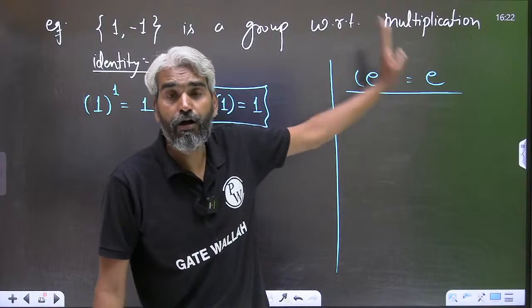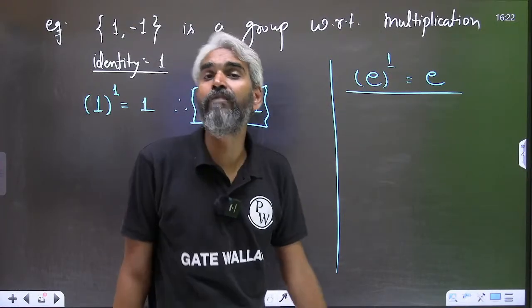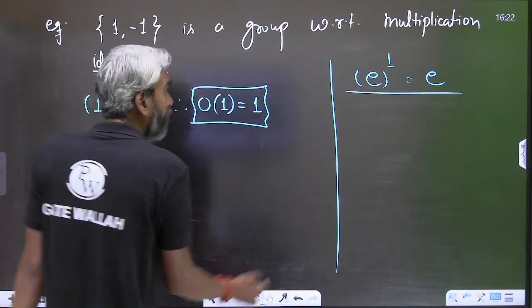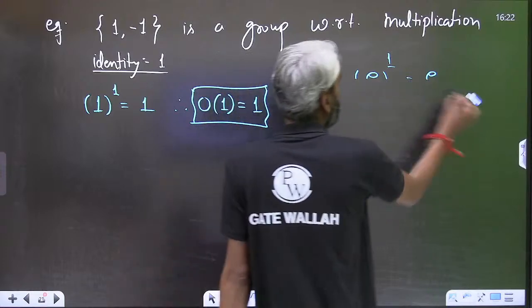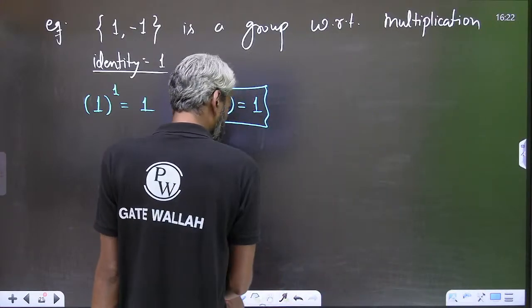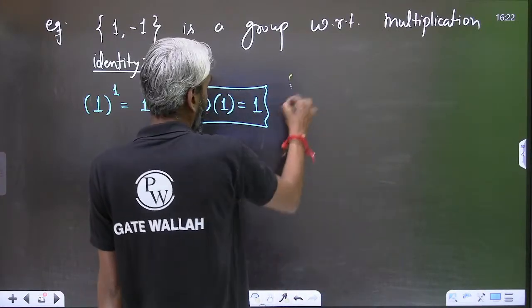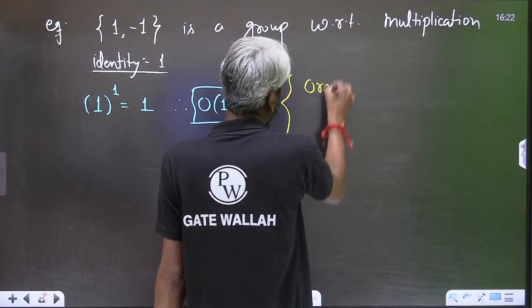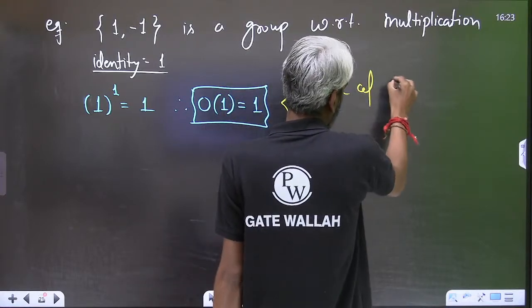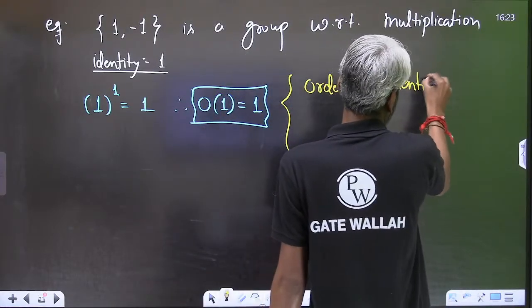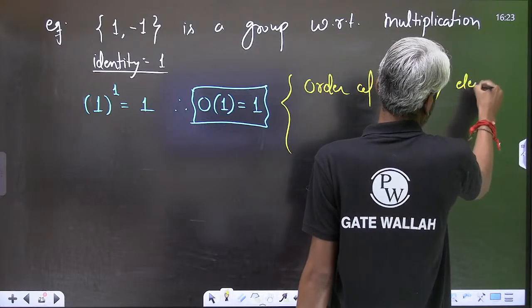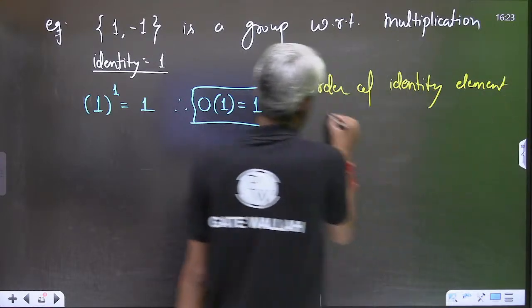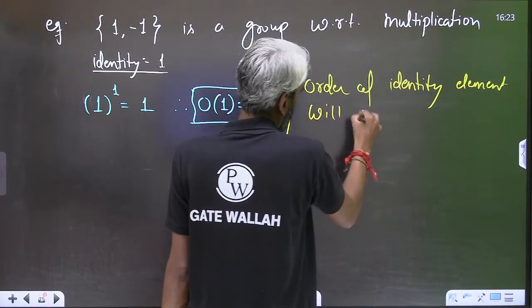Therefore, the order of the identity element will always be 1. So please note down: the order of the identity element will always be 1.